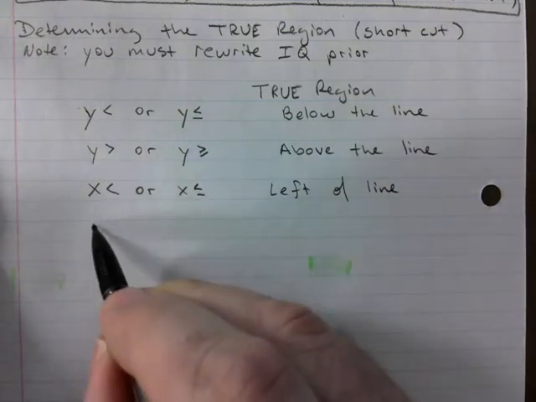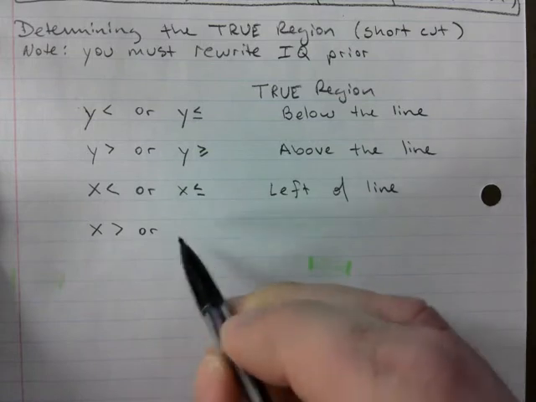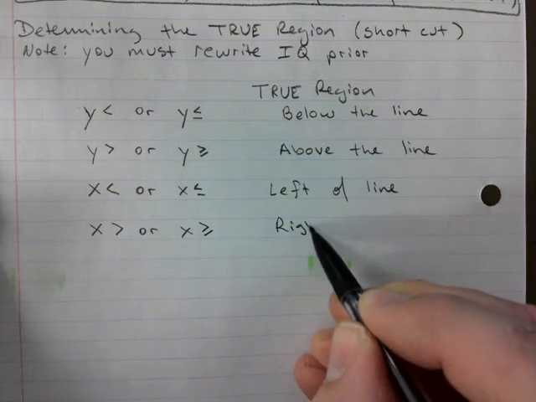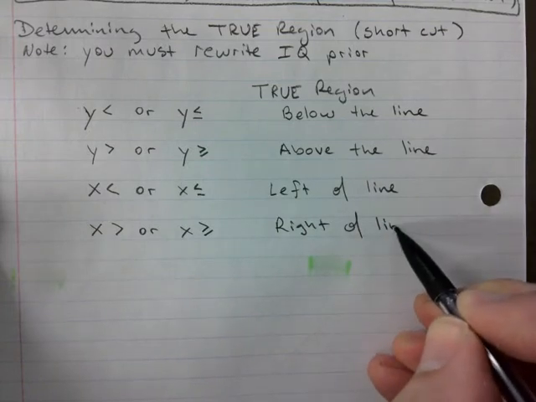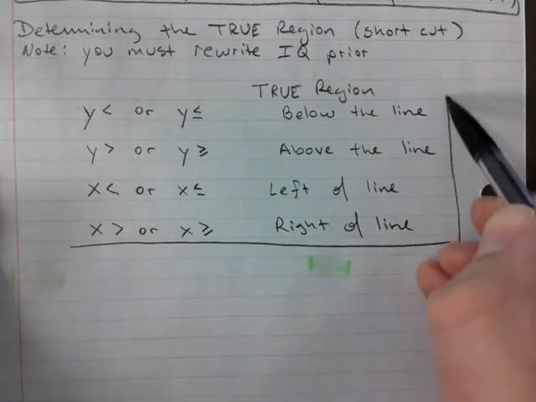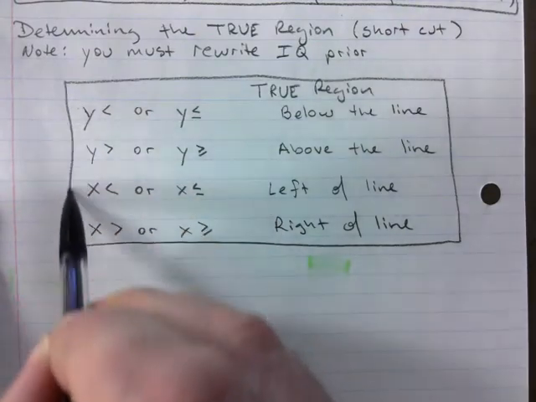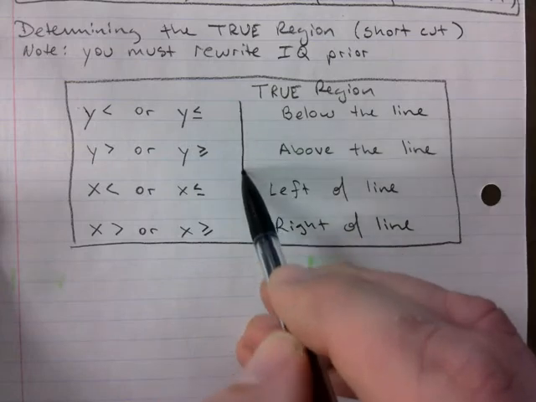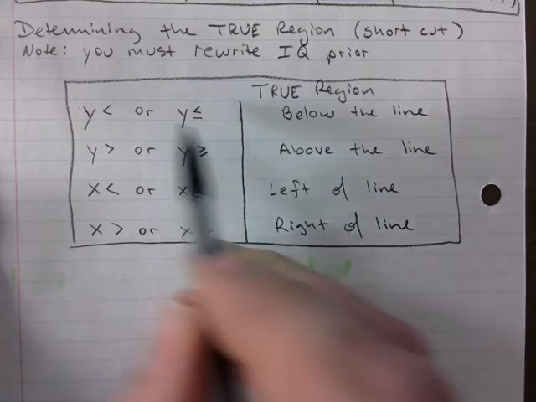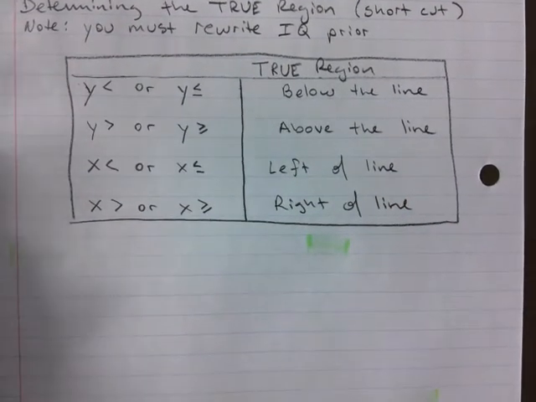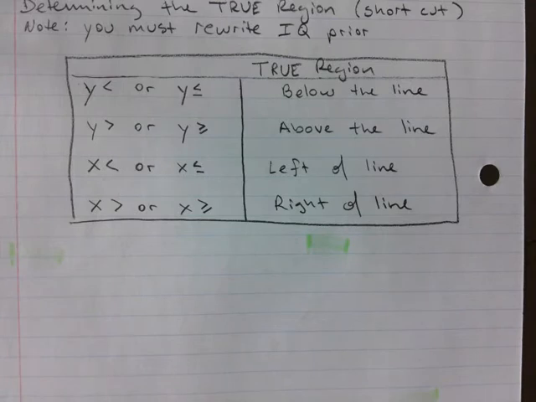Okay. If you have x is greater than or x is greater than or equal to, the true region is right of line. This is on a much smaller version, definitely study sheet material.